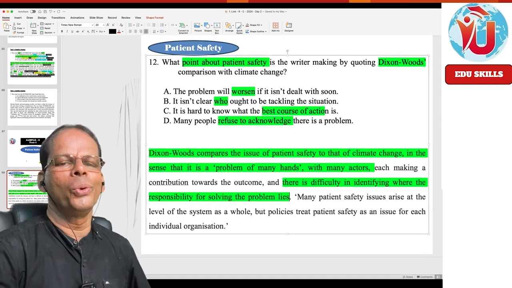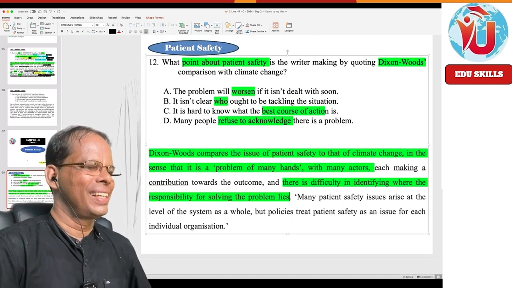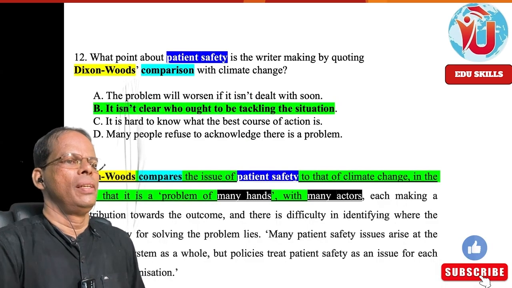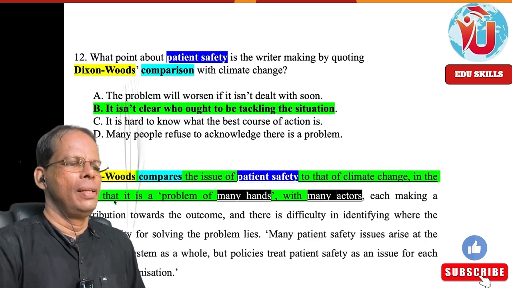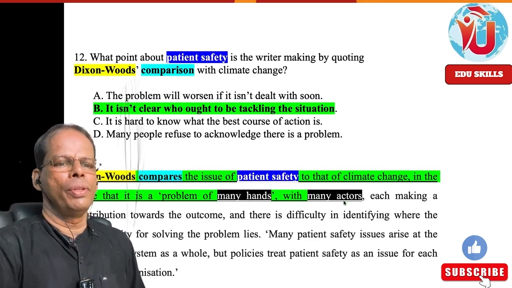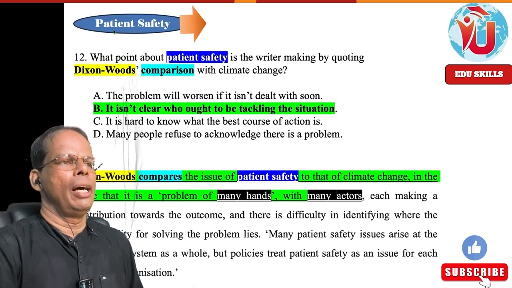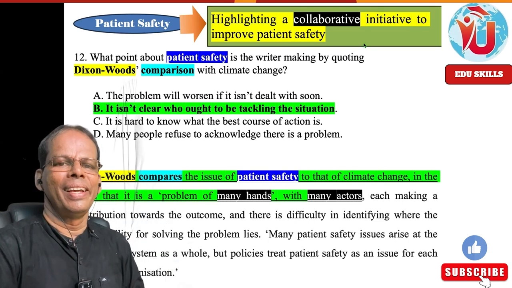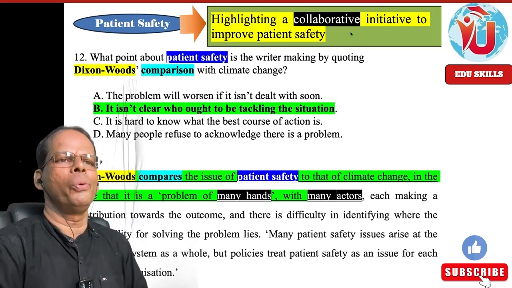There are only 2 sentences in this paragraph. Okay, let's check. See, patient safety, Dixon Woods comparison. Dixon Woods compares the issue of patient safety to that of climate change in the sense that it is a problem of many hands with many actors. After patient safety, there is one more heading, a subheading highlighting the collaborative initiative to improve patient safety.